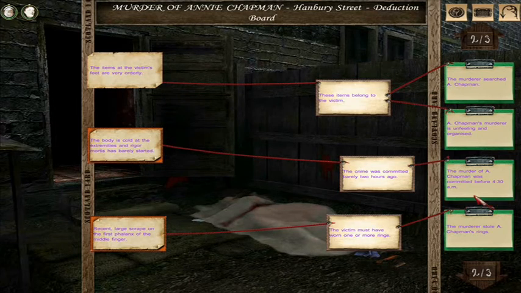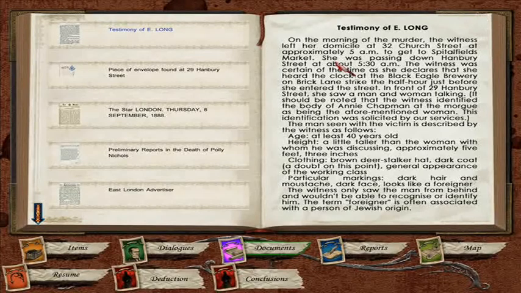The murder of A. Chapman was committed. The body is cold at the extremities and rigor mortis has barely started. That means that the crime was committed barely 2 hours ago, and that therefore it was committed before 4:30 a.m. Now, when did we get called about this murder?